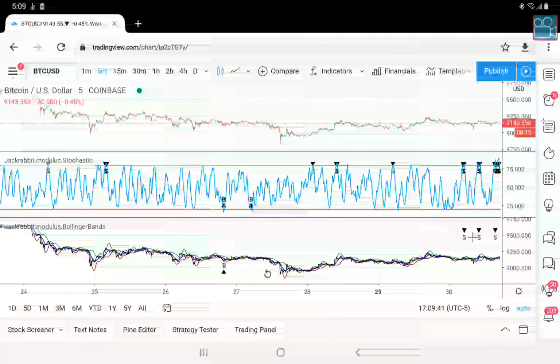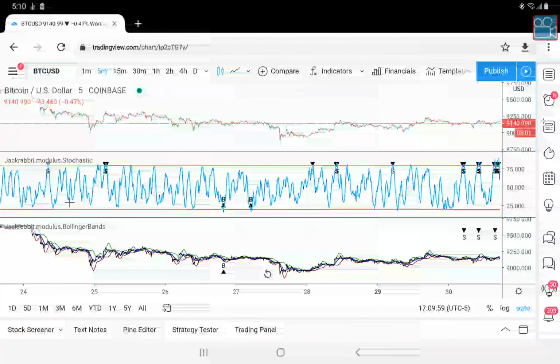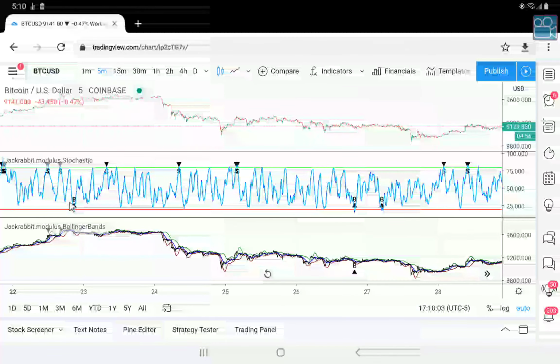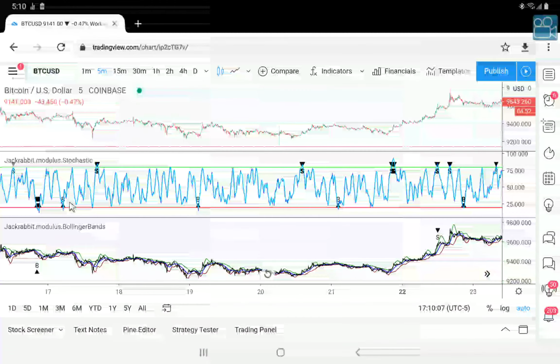So if you use a risk-reward ratio of 2 to 1, you're still going to do well. It's not as profitable as the MACD combination, but this combination still does well. And it does have a place for certain markets. Like any tool in your tool chest, understand where it belongs.